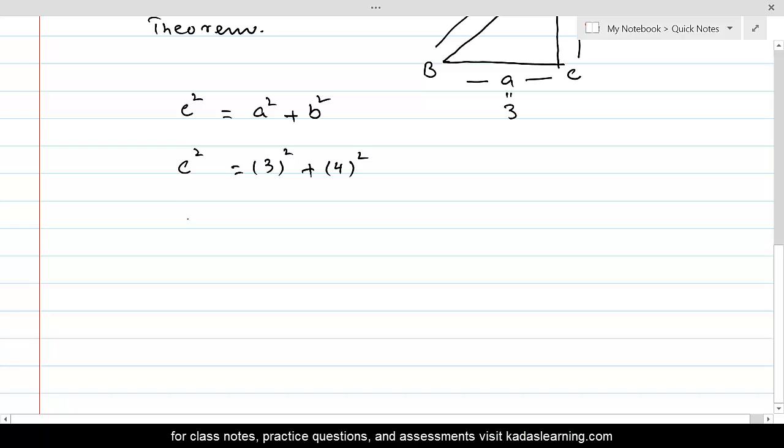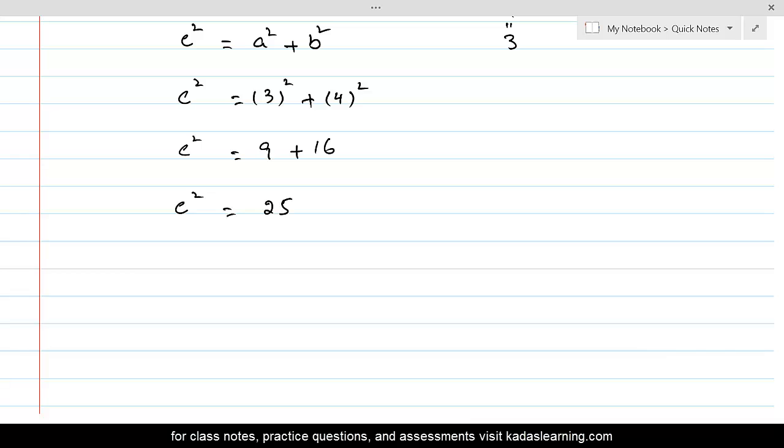And now C square is equal to 3 square is 9 plus 4 square is 16, and if we add both of them, this would be 25. And we have learned that if we want to get rid of this square, we can take square root on both sides.